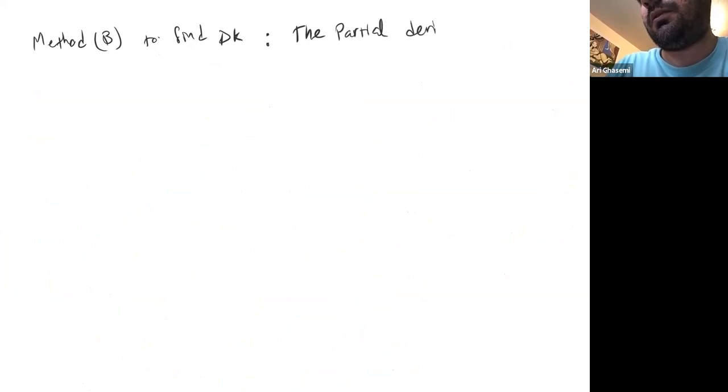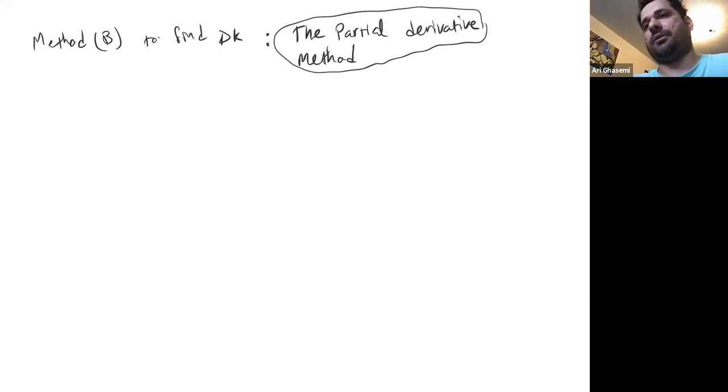Method B, to find delta K. This is called the partial derivative method.